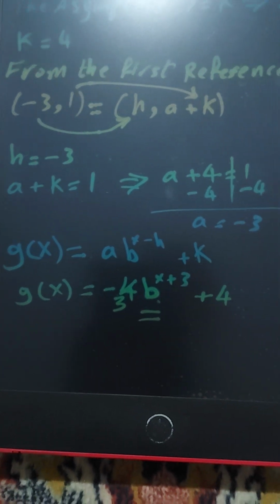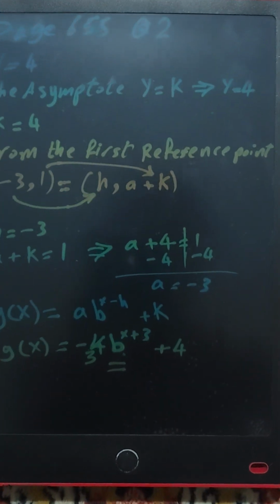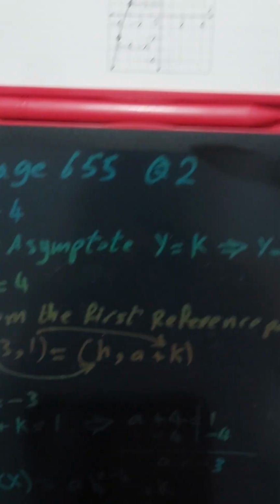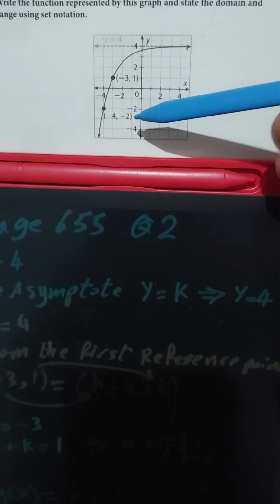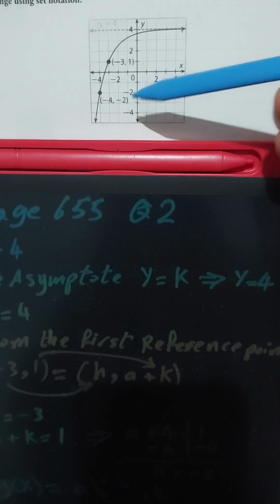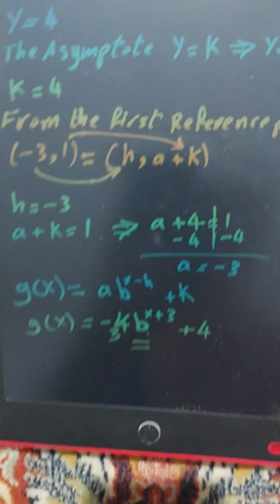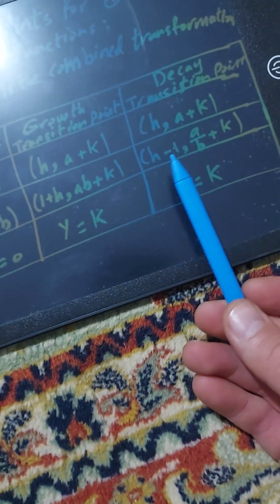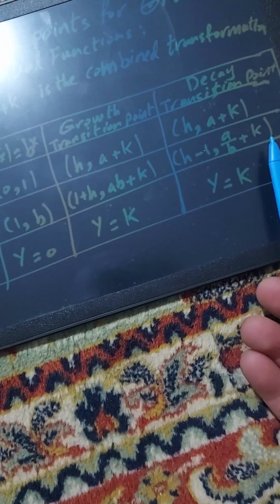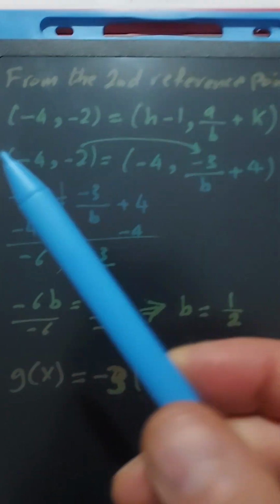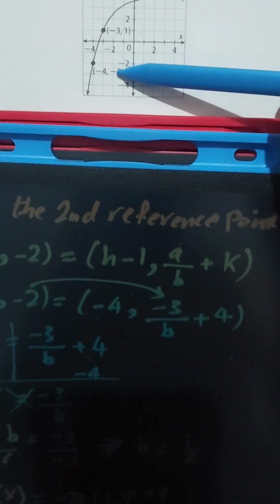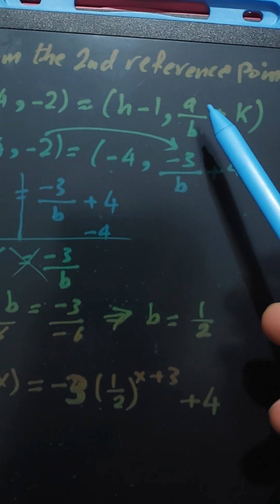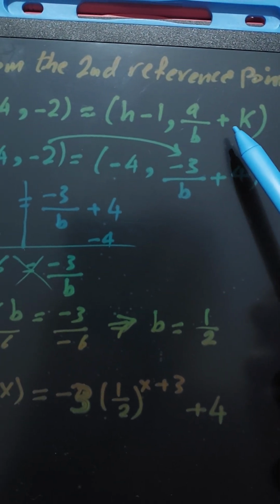So now we need to find the b value. We have to use the second reference point, which is -4 comma -2, and that's the second transition point. We're going to use h minus 1 comma a divided by b plus k. The reference point from the graph is -4 comma -2, and that will equal h minus 1 comma a divided by b plus k.